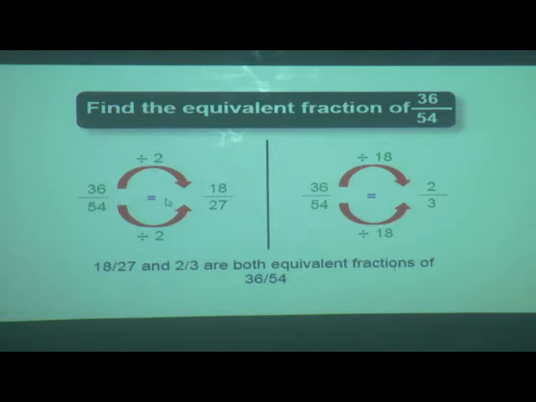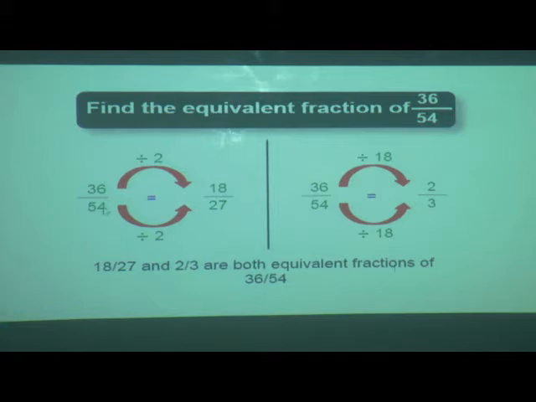Here we have to reduce. Now you know the rules of divisibility. When you have an even number in the ones place, you can divide it by 2; it is divisible by 2, giving a remainder of 0. So 36 is completely divisible by 2, and 54 also has an even number in the ones place.